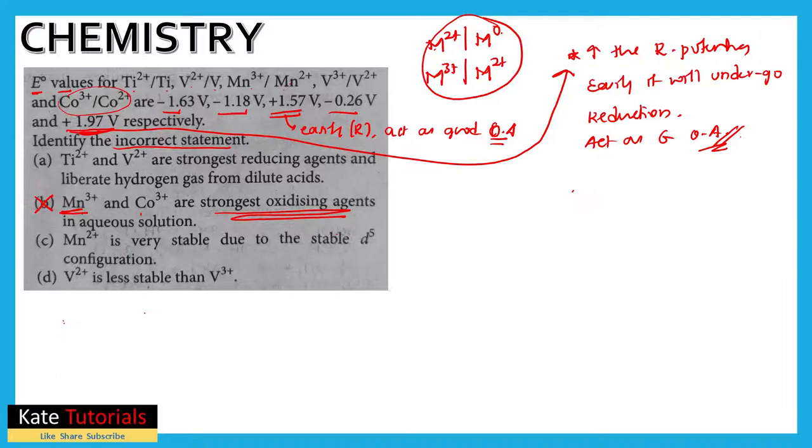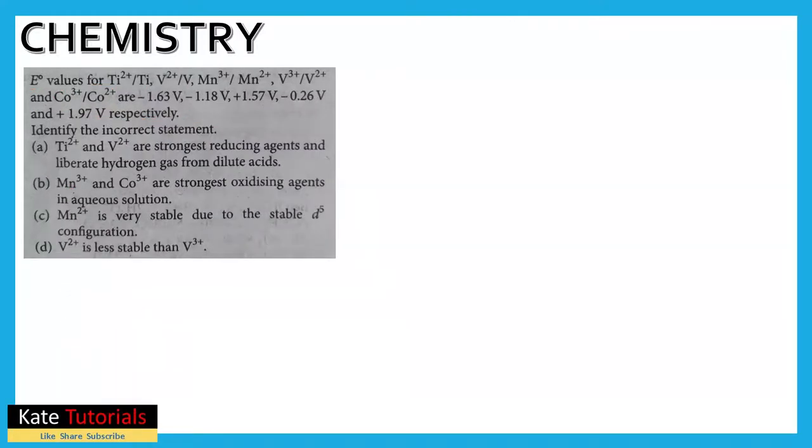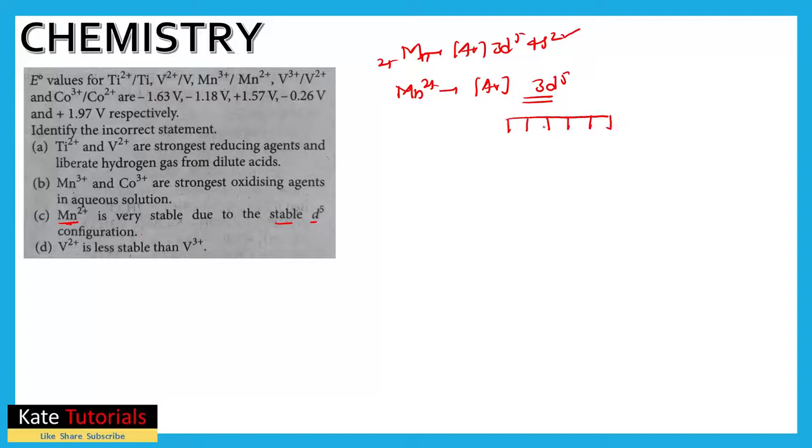So let us talk about option C now. In option C, Mn2+ is very stable due to stable d5 configuration. Let us see, manganese atomic number is 25, so it is argon 3d5 4s2. For the 2+ oxidation state, I have to remove 2 electrons from 4s, I will get 3d5. The 3d orbitals have 5 orbitals: dxy, dyz, dzx, dx2-y2 and dz2.